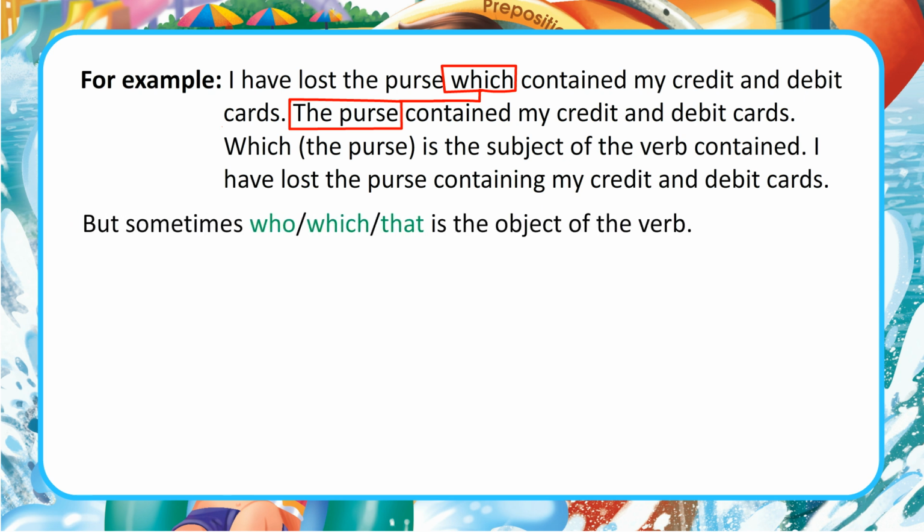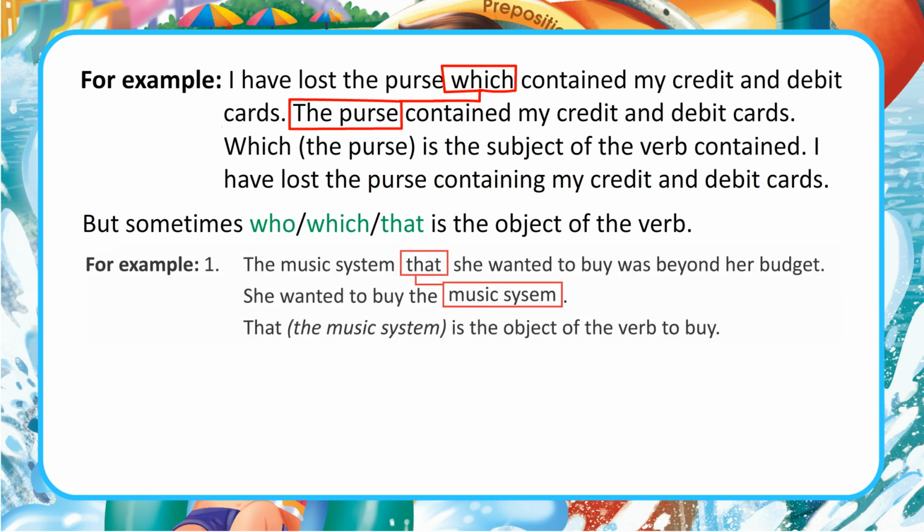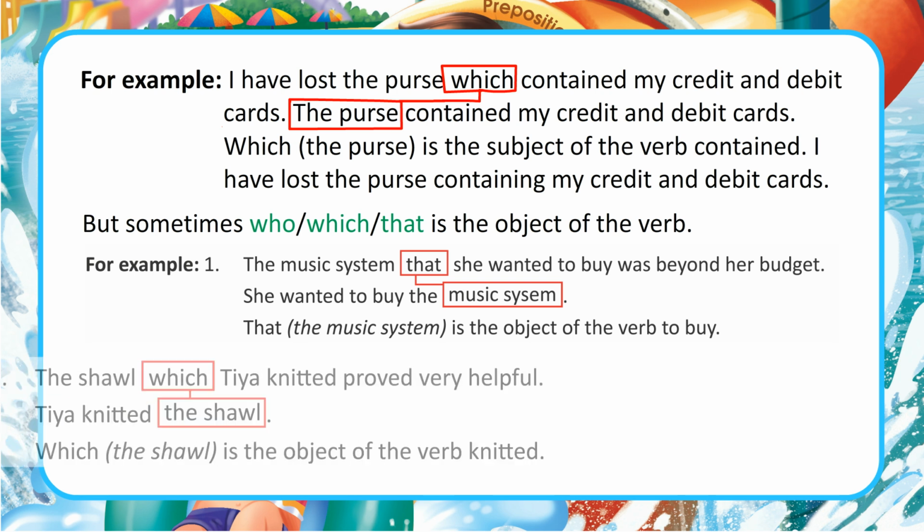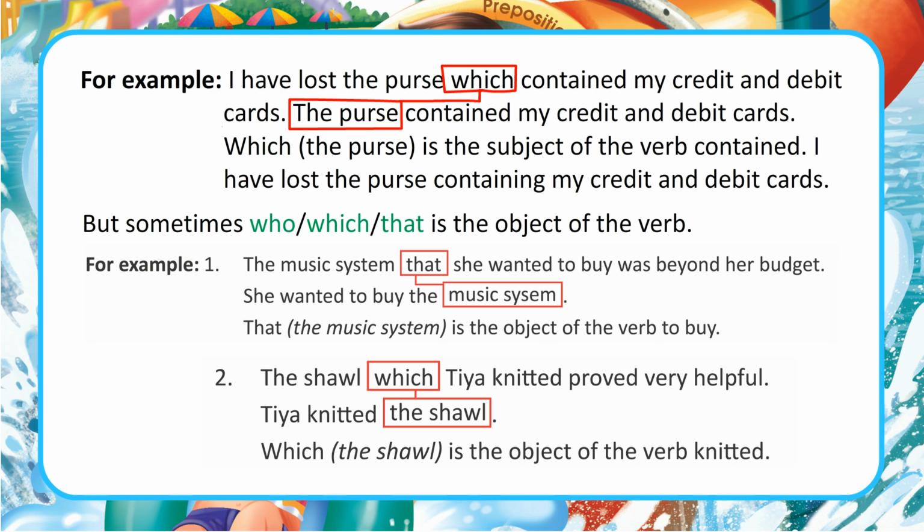But sometimes who, which or that is the object of the verb. For example, 1. The music system that she wanted to buy was beyond her budget. She wanted to buy the music system. That, the music system, is the object of the verb to buy. 2. The shawl which Tia knitted proved very helpful.